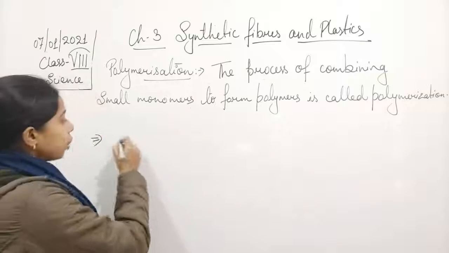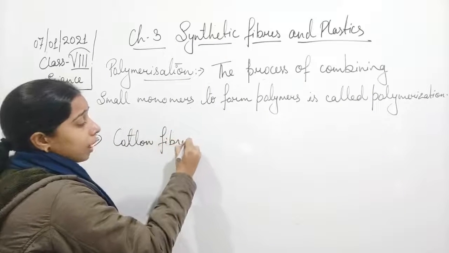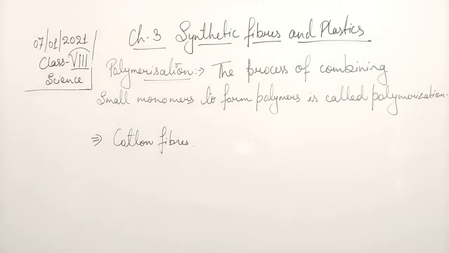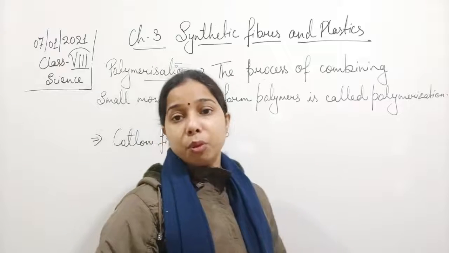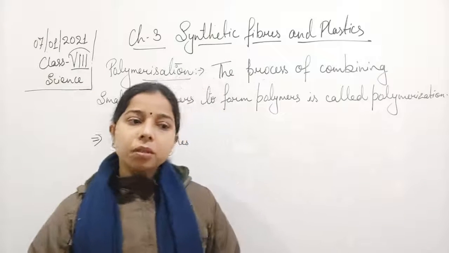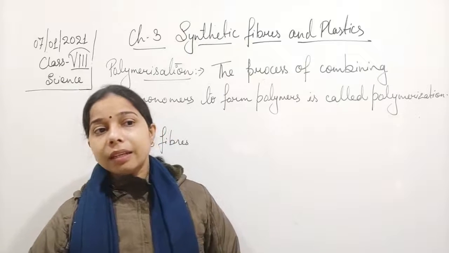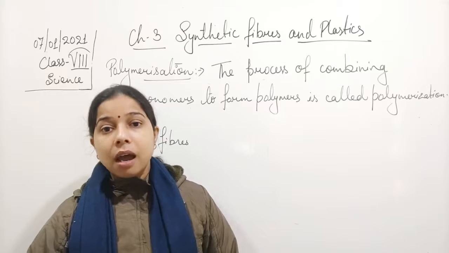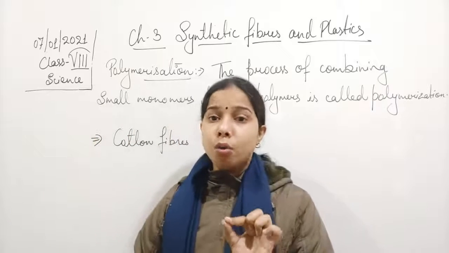If we talk about the cotton fiber, this is a kind of fiber. Here it is made up of a different kind of monomer. Cotton is obtained from the plant, student. Basically it is made up of cellulose, and the monomer of this is a glucose molecule.